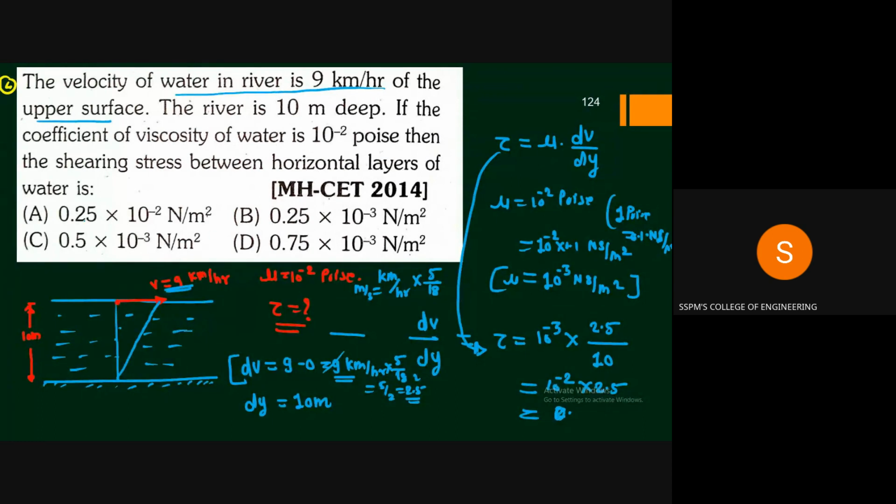There is no answer given as 2.5, so write this as 0.25. So this will be 10 to the power minus 2 into 2.5.